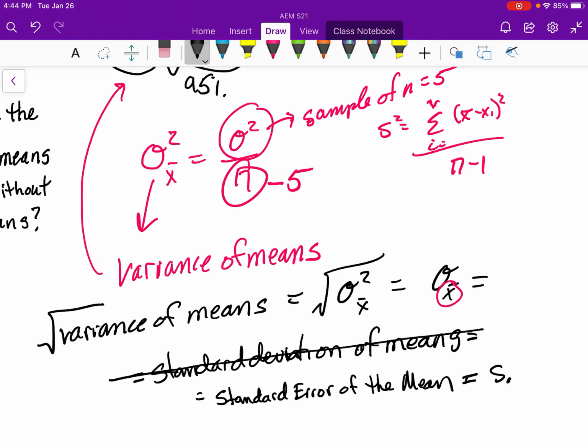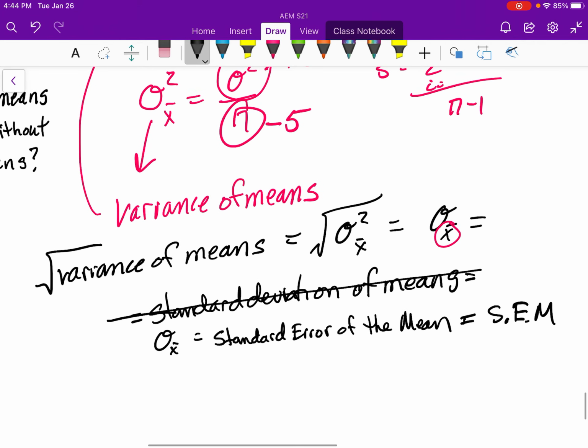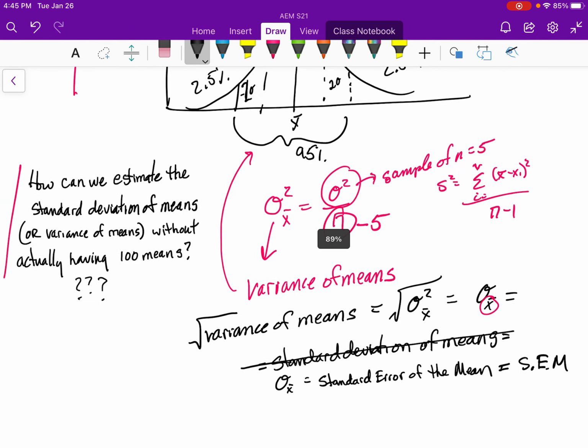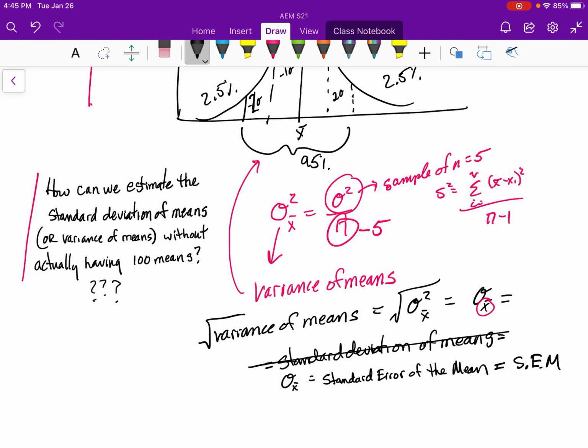The standard error of the mean is shortened SEM, okay, standard error of the mean. So that is what this term is, and it is found very readily by calculating first the variance of means and then taking the square root. Therefore, what is the relationship between these numbers? So we can go back to our original sample.